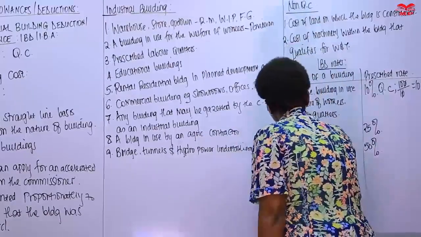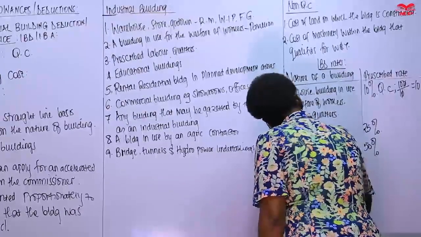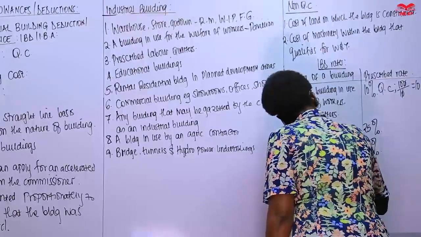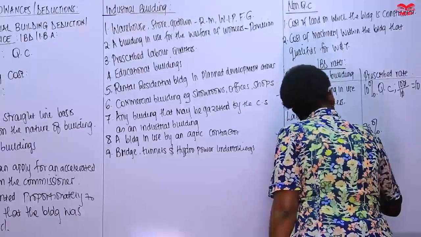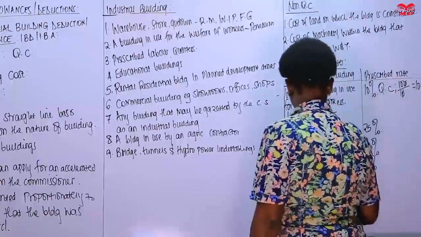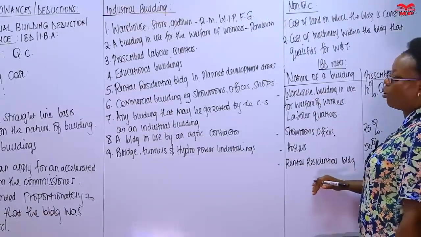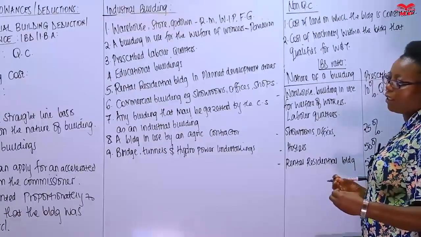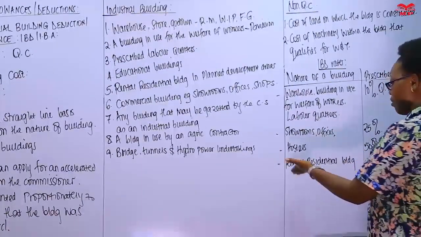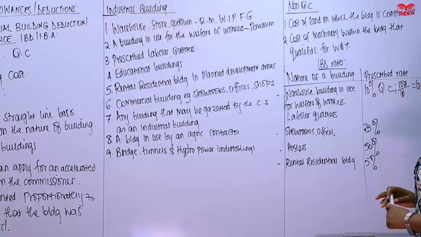So rental residential buildings at 5%. And these rental residential buildings will also include the cost of building access roads to these rental residential buildings. So these are the rates that we are going to use.